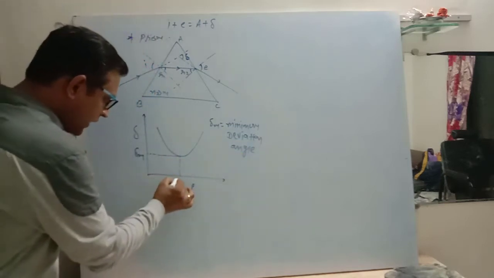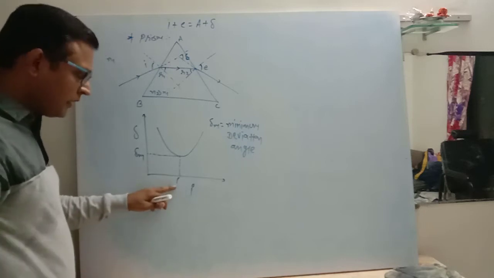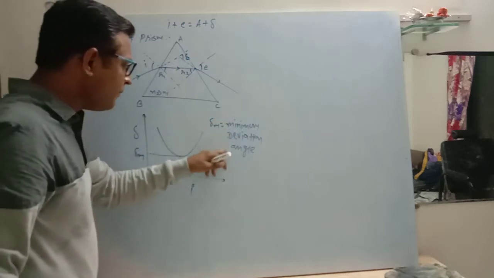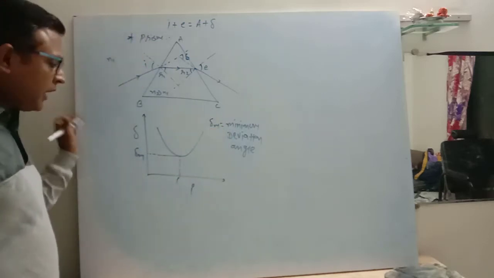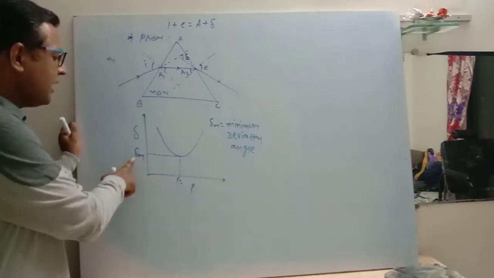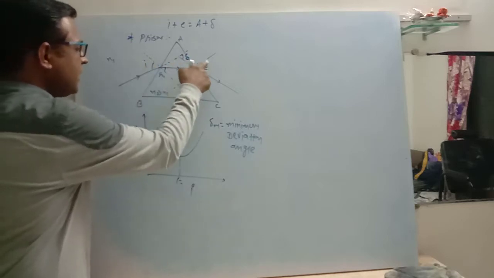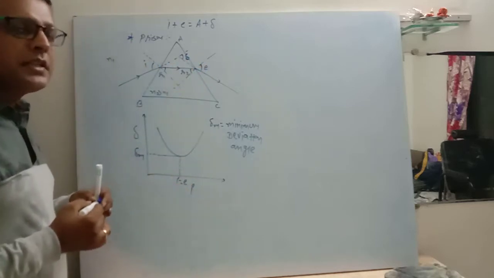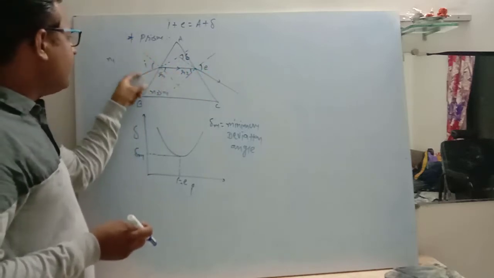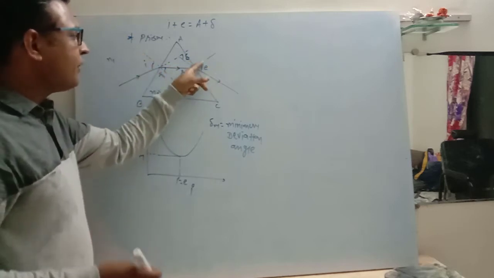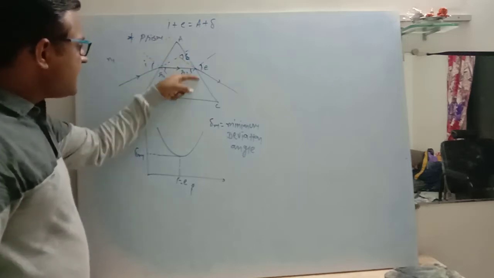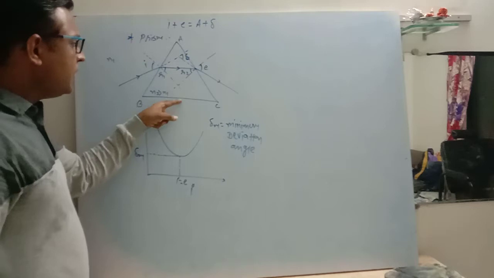And practically, whenever you are finding the minimum deviation angle, at that time the angle of incidence and angle of emergence become the same. And whenever they become equal, the refracted ray inside the prism remains parallel to the base.